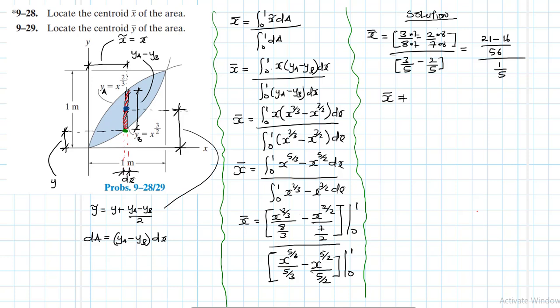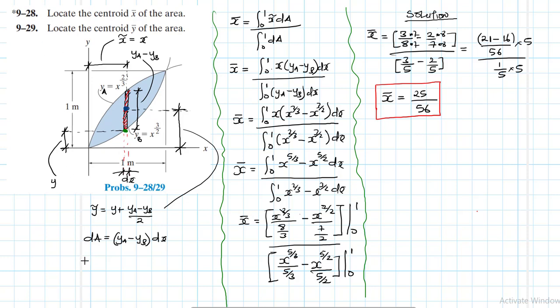Therefore our x bar finally is going to be equal to 21 minus 16, which is 5, and then by this 5 there, we can multiply 5 this side and 5 that side, then we are going to have 25 finally divided by 56, and this is our final solution.